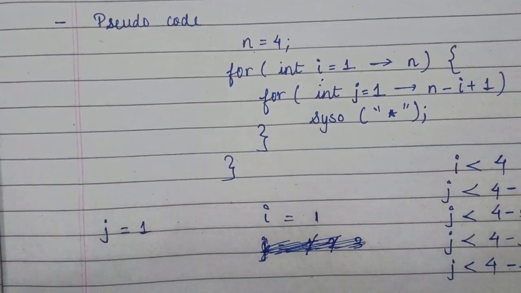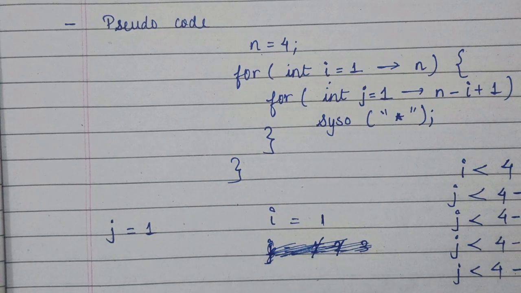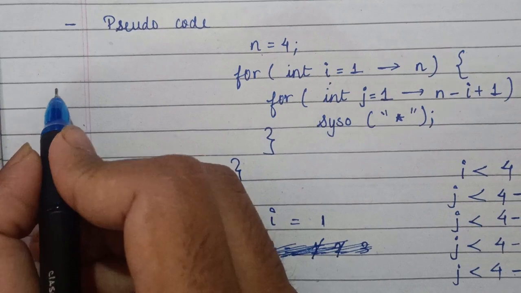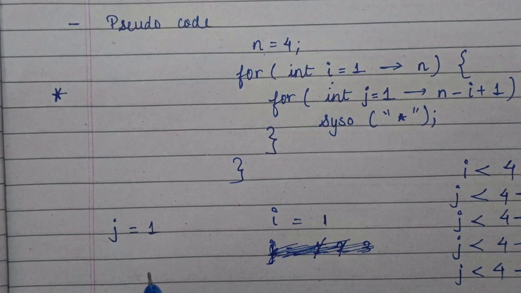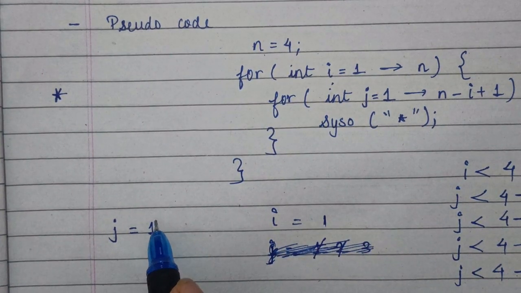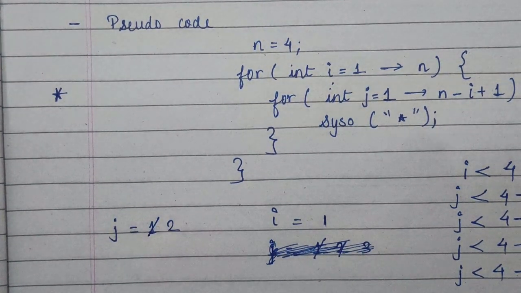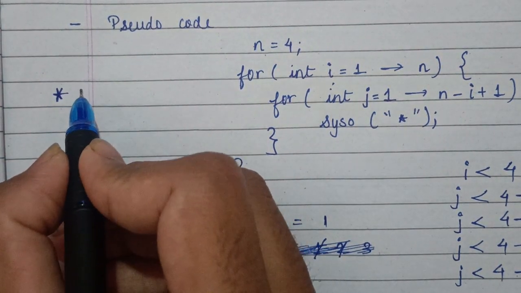Now the condition is 1 is less than or equal to 4, then print a star. Okay, the condition here is true, 1 is less than 4, then I have printed a star. Now j will be updated by 1. Now j value is 2. It's 2 is less than or equal to 4, the condition is again true, then it will print a star.